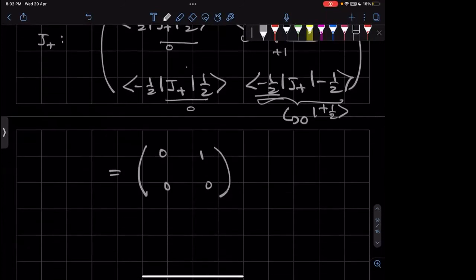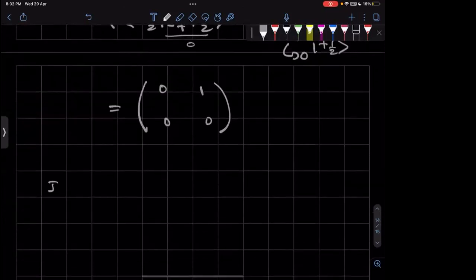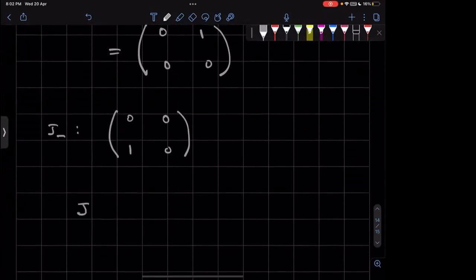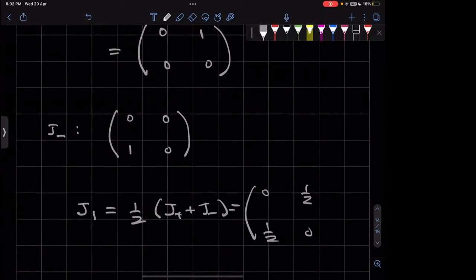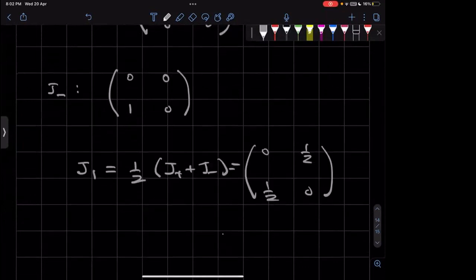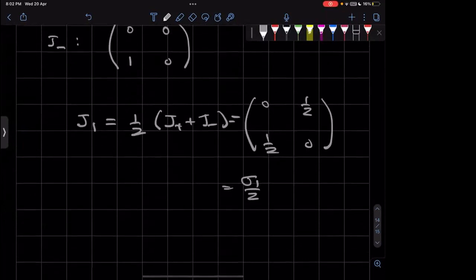And similarly, if you now work out what J minus is, you see that it's going to be 0, 0, 1, 1, 0. And you can then say, what is J1? Well, J1 is half of J plus plus J minus. And this is easy to see that this is just sigma 1 by 2.